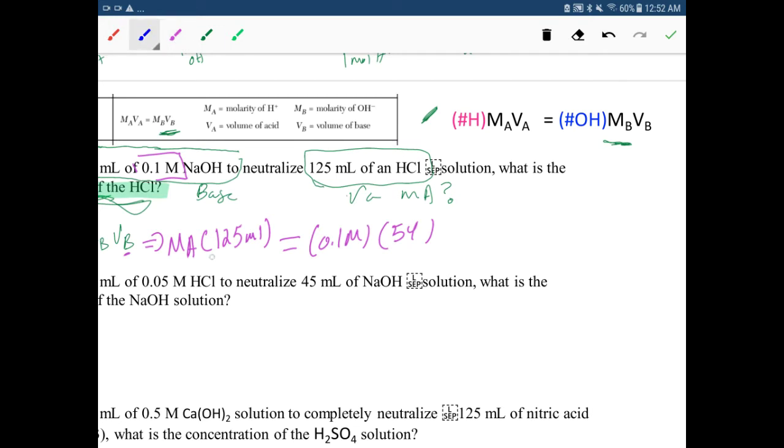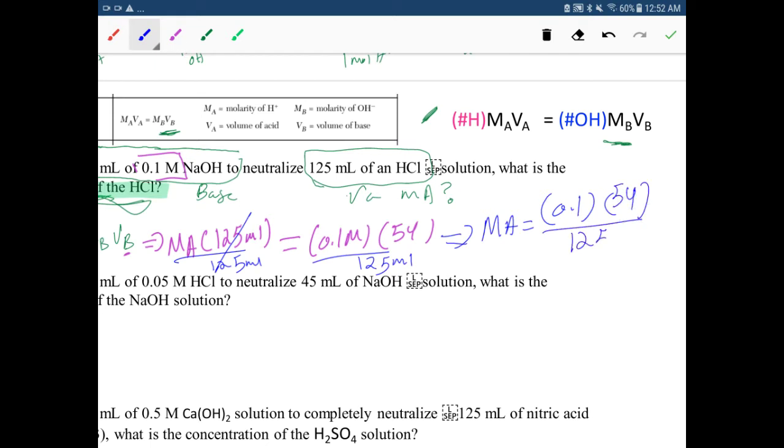So by dividing both sides by 125, this mL will cancel out, and I will get MA equals 0.1 times 54 divided by 125.